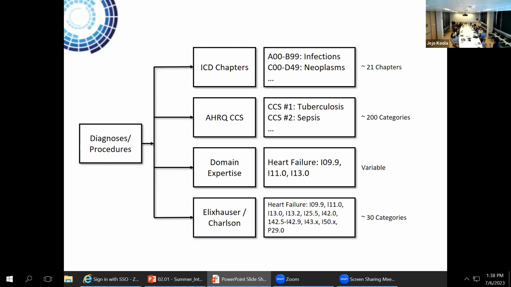And most of these systems have a hierarchical nature. That is to say, they're meant to be a classification system where you go from something more general to more specific. For example, you might have an ICD chapter for every code that begins with an I, meaning issues with the heart.